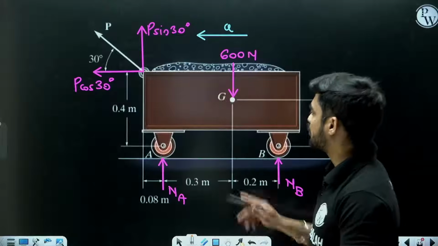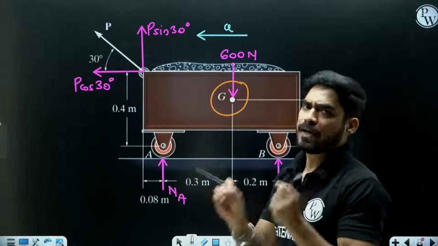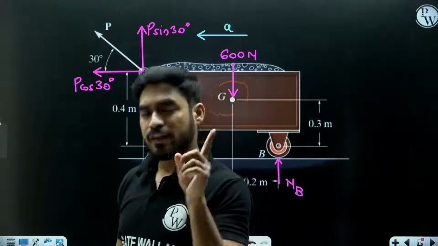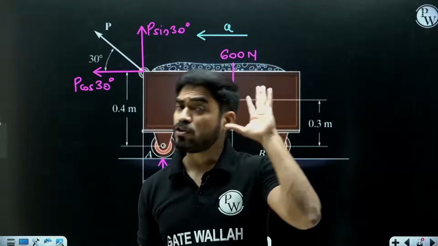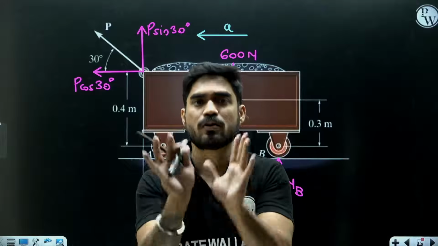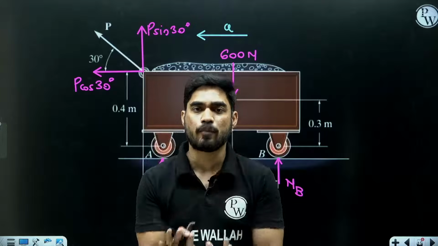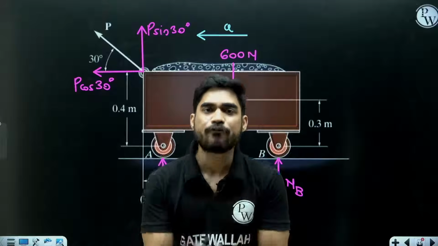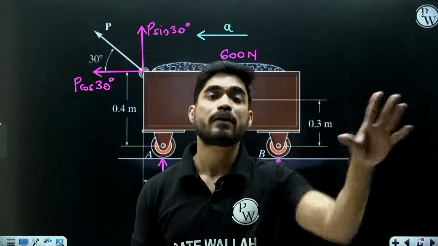If you are taking moment at point G, then you don't need to worry about the inertia force. If you are taking moment about a point which is fixed, then you don't need to consider the inertia force. So I hope you understand this. Whenever you are taking moment, you have to consider the inertia force if you are taking moment about a moving point.